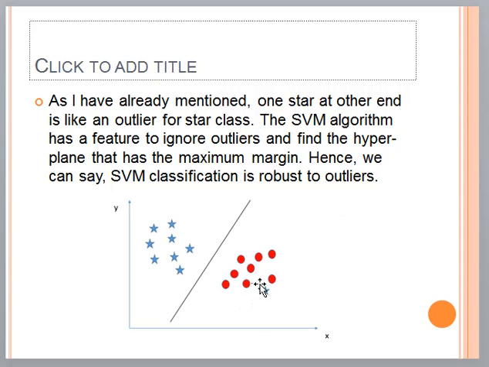In this case, this is the outlier, so a support vector machine can draw a decision boundary by ignoring this outlier, and it can find the right hyperplane having the maximum margin. So we can say that the support vector machine classifier is robust to outliers. It means that it is not affected very much by noisy components or outliers.